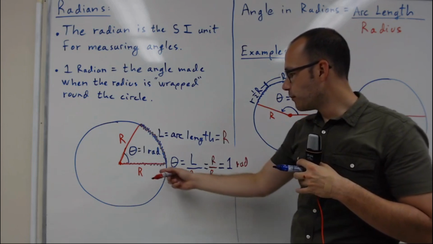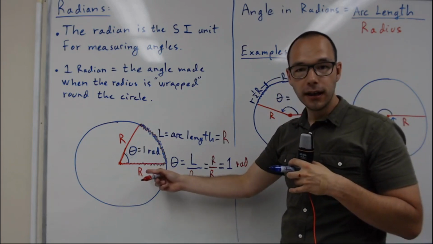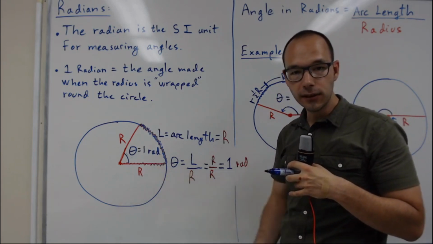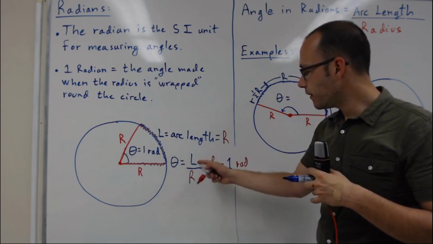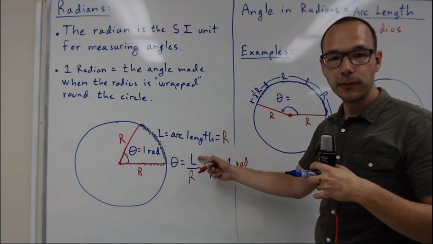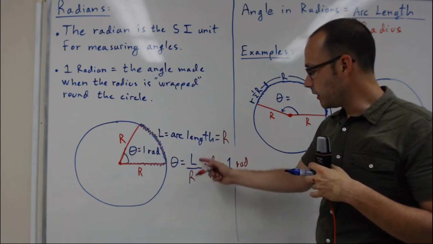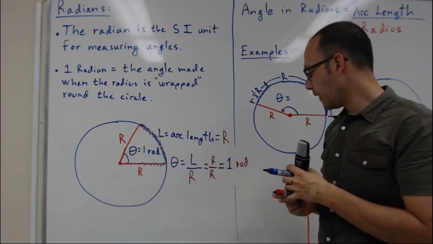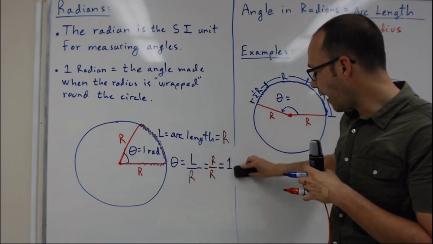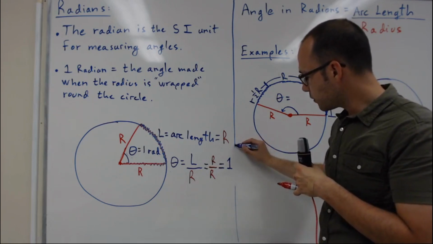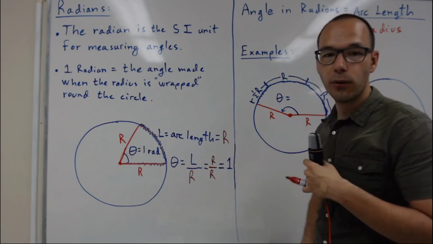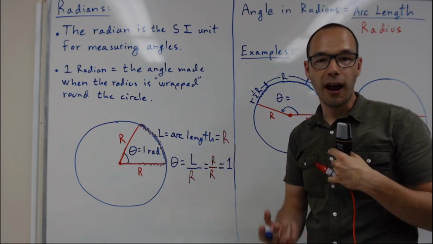Could be measurements in feet, in inches, in centimeters. It's always going to be centimeters over centimeters or millimeters over millimeters. So the units will cancel out, and the final result will have no units. So you can just write 1, or you can also write 1 rad.